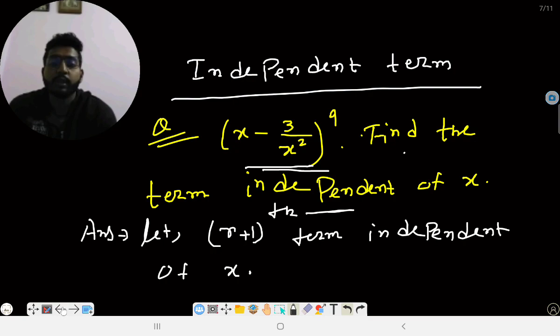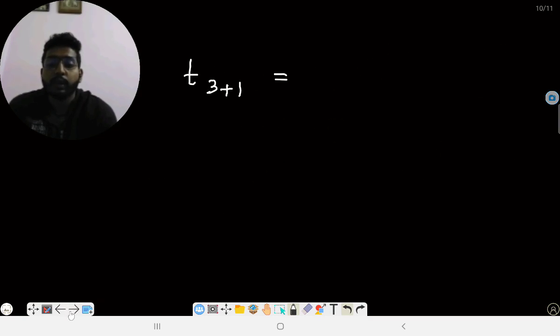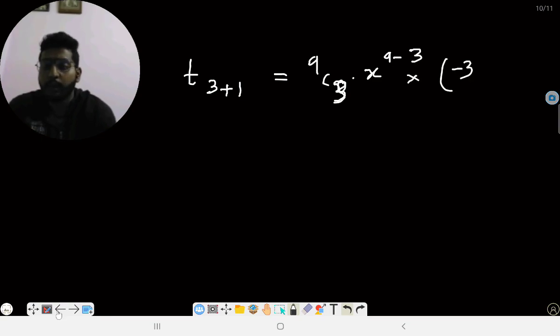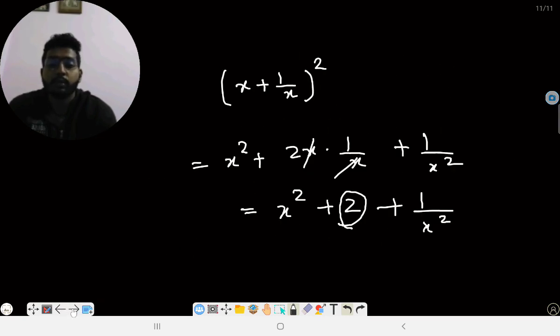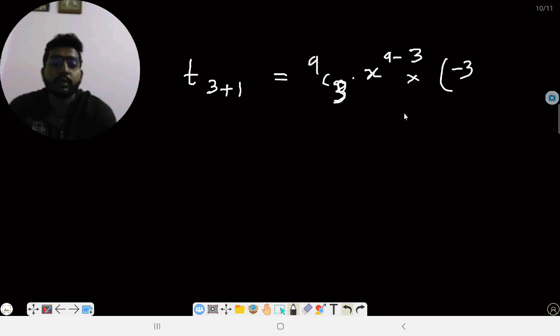So look at the expression here, x minus 3 by x square whole to the power 9. So here it will be nCr x to the power n minus r. Now here r is 3. So 9C3 x to the power 9 minus 3, into minus 3 by x square to the power r, and r is here 3.